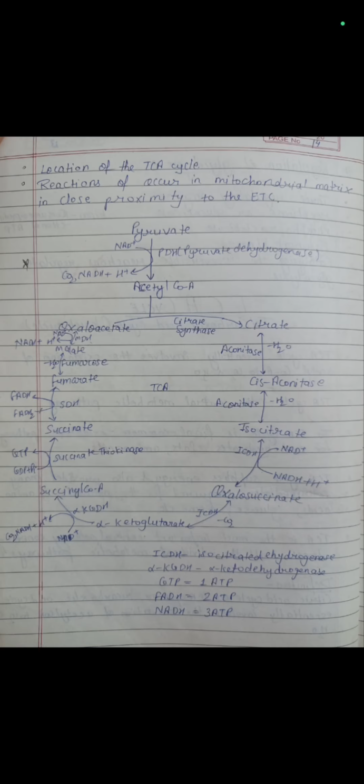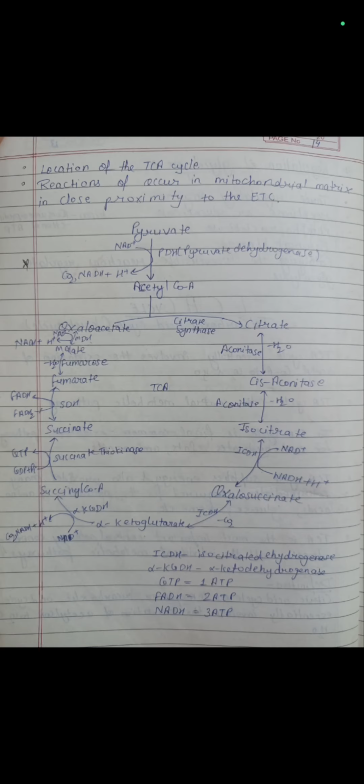Then water is removed in presence of aconitase and citrate is converted into cis-aconitate. Then cis-aconitate is converted into isocitrate by addition of water in presence of aconitase.